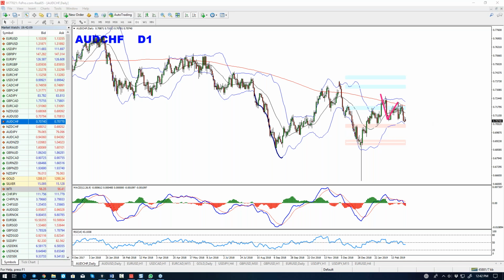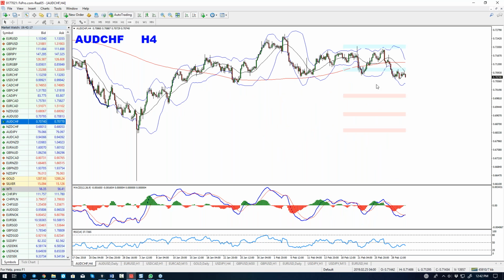Therefore, daily is to be corrective, two waves to be developed. The 4-hour chart is to provide a cycle by itself on each of the legs. Not even the first one is a clear leg, and that's what makes me think that we are developing a second, deeper movement down. So I would expect the Aussie franc to make this new low until it becomes a clear divergence.